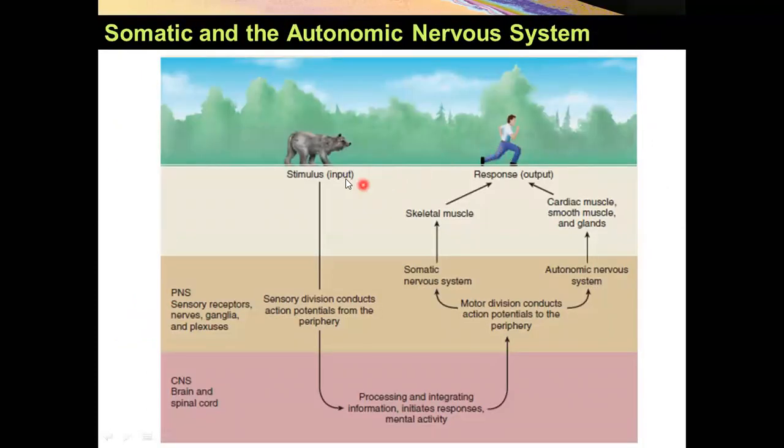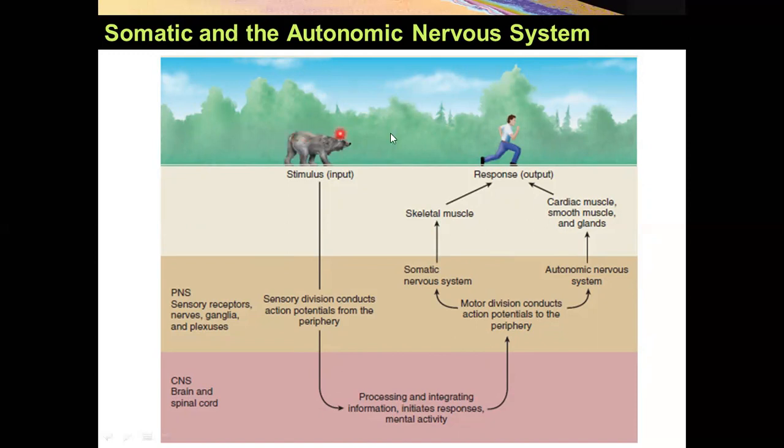Okay, now using this picture, let's see how our autonomic and somatic nervous systems are integrated during our daily life.